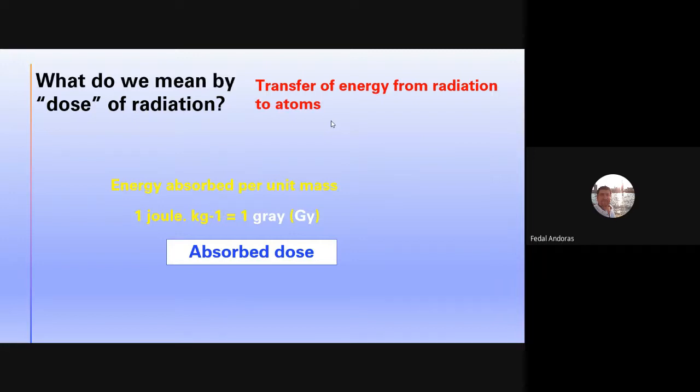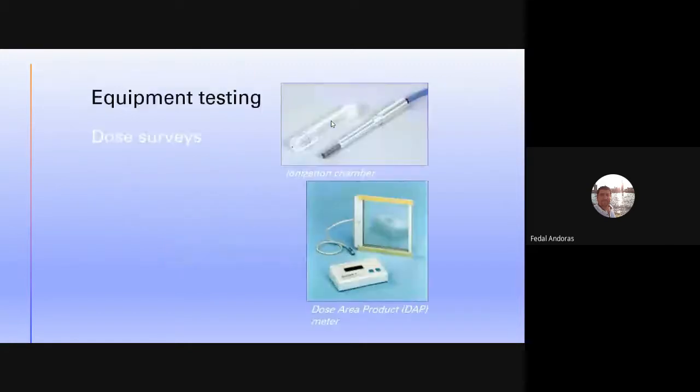But in dentistry and medical field, we are not dealing with absorbed dose. There are many other things to deal with. But absorbed dose is the first thing we use for quality assurance for the device.